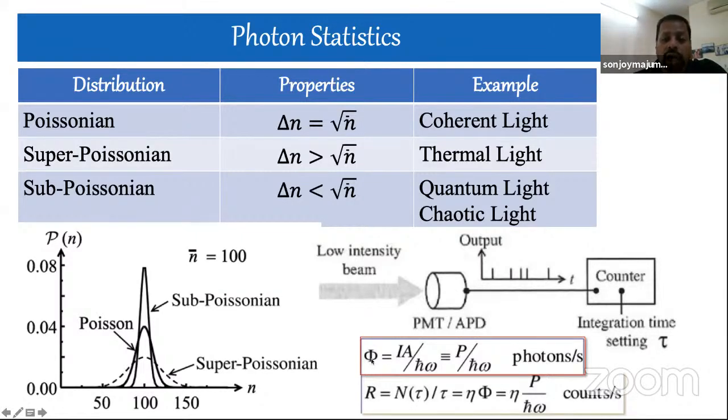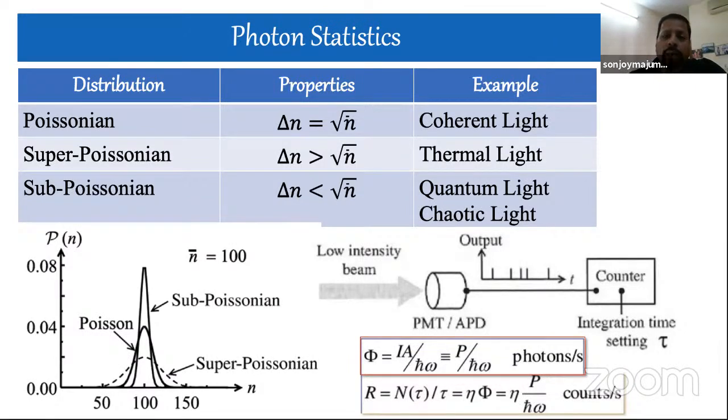So when you count the number of photons coming over time, you have to multiply by the efficiency factor of the detector, and that will be the count rate per second. We'll see it in detail when we do the experiment.